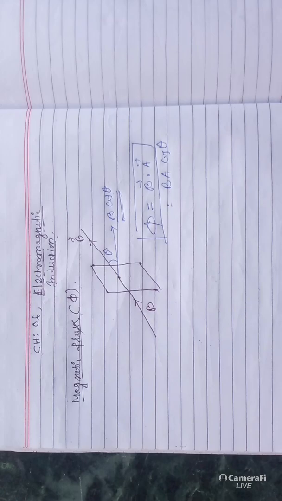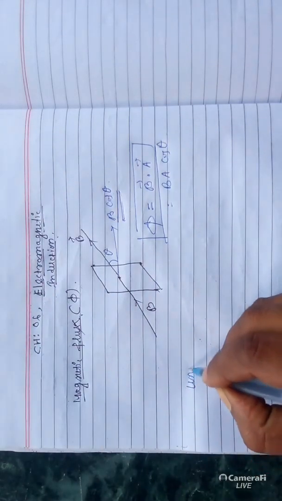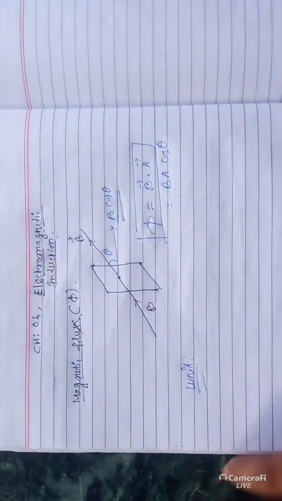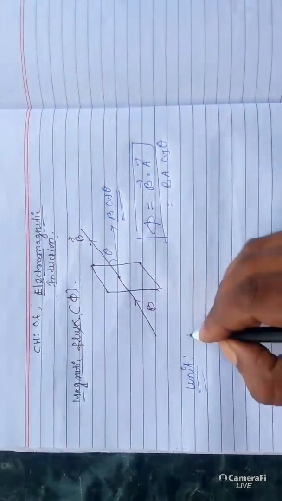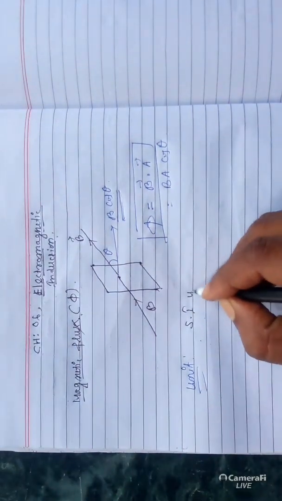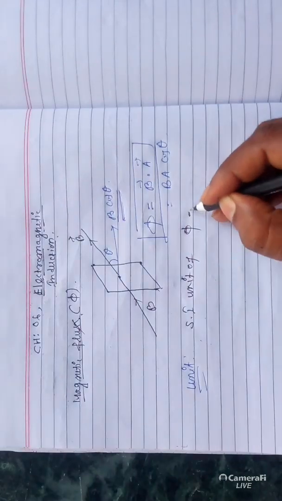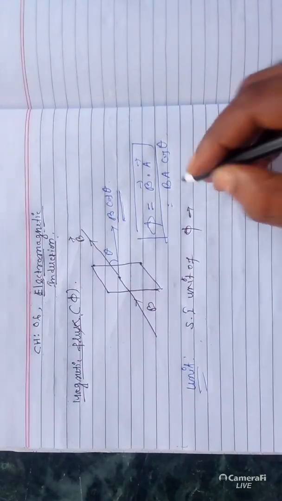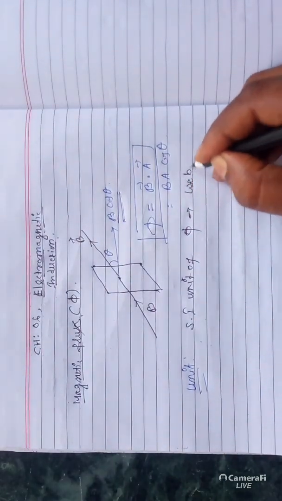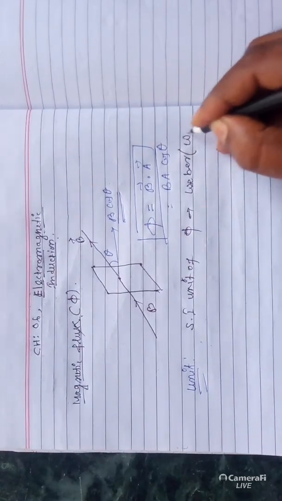Okay, now come to the unit. What is the unit of magnetic flux? The SI unit of magnetic flux is Weber, W-E-B-E-R, in short Wb.